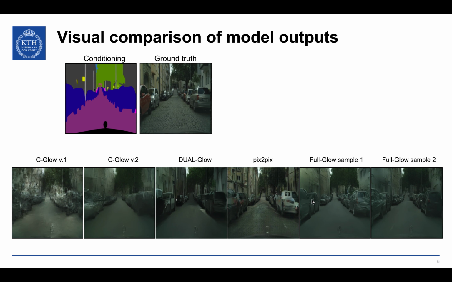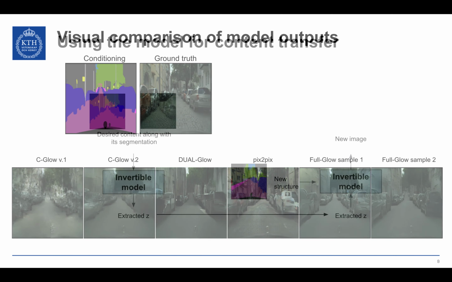We can also see that by taking different samples of the flow-based models, we are able to come up with different synthesized images where the colors of the objects, for instance this car here, could be different, which is an interesting property when it comes to data augmentation.